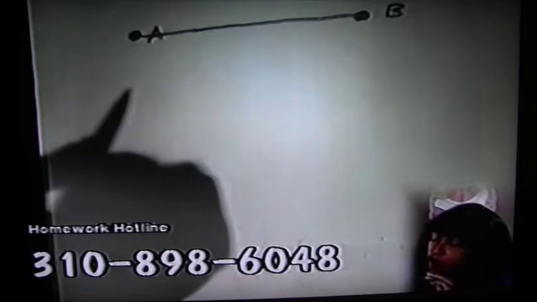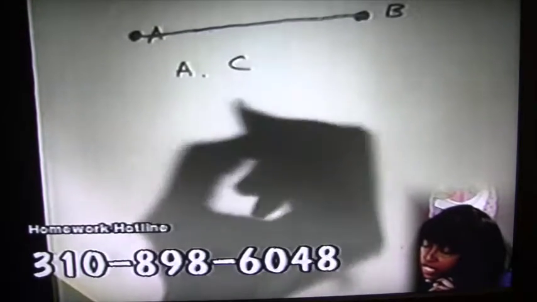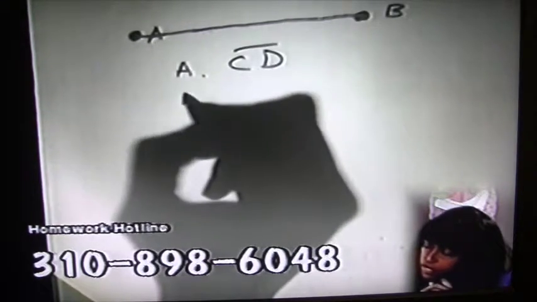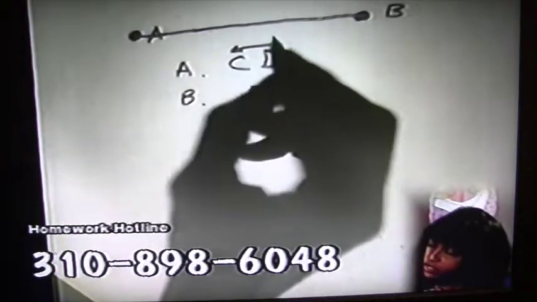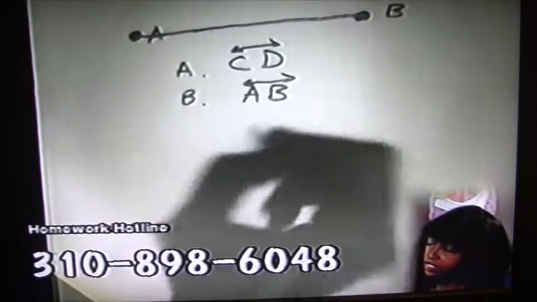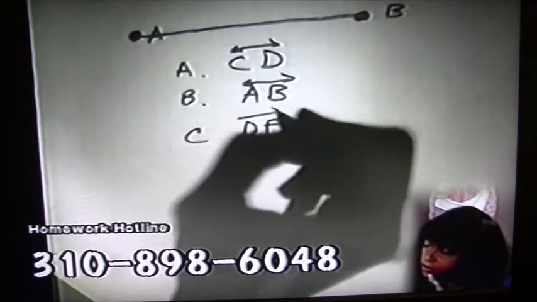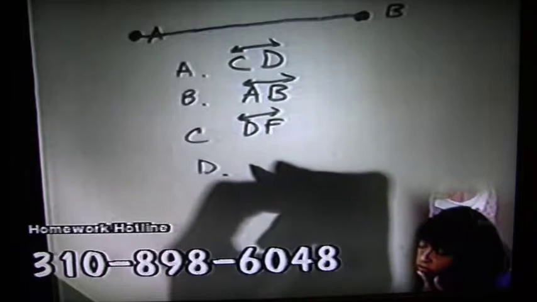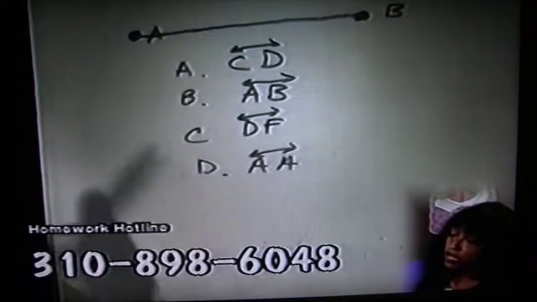Now, the question you may be asked is, what are the points on this line? You may have C, D, B, or A, B, standing for, and the symbol I have is just like the line, or you may have C, D, F, or you may have D, A. Well, remember, we look at the points.